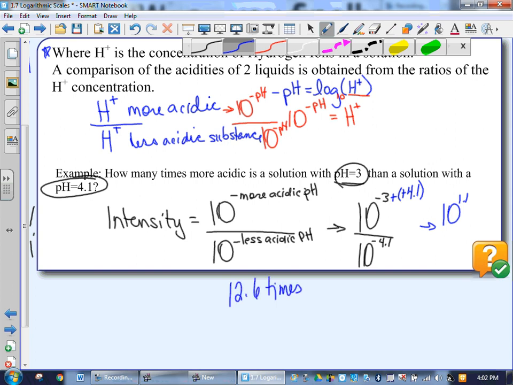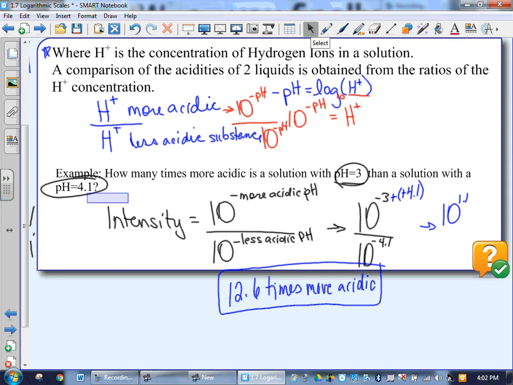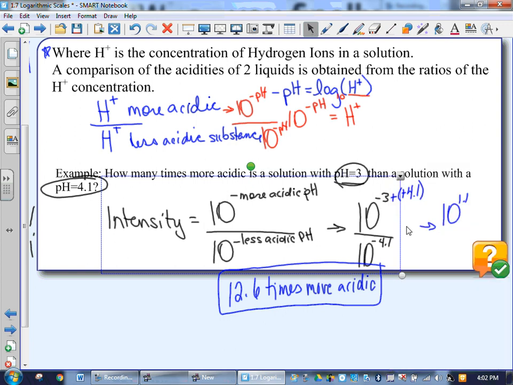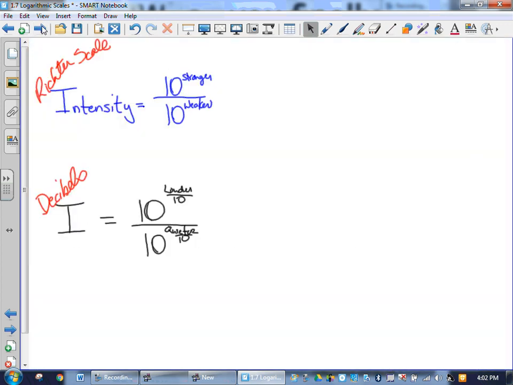So if you look at our shortcut formula here, it looks different once again. If I compare the intensities of two things, I have 10 to the power of the negative more acidic divided by 10 to the power of the negative less acidic. And that's my last shortcut formula.